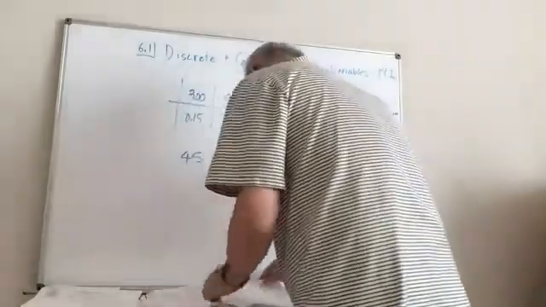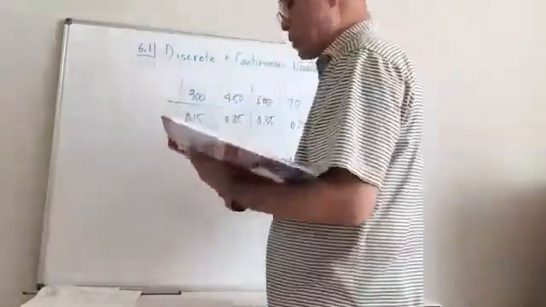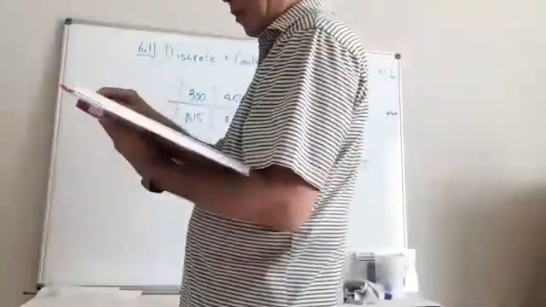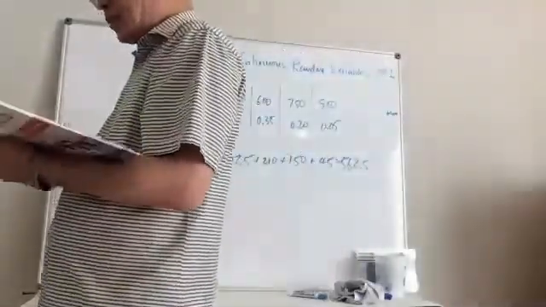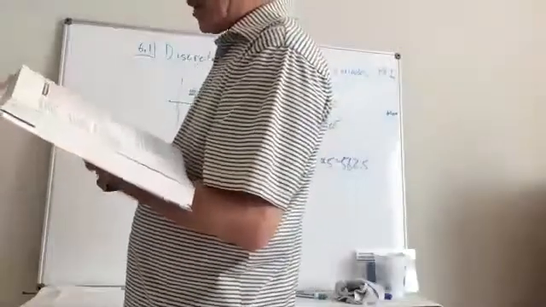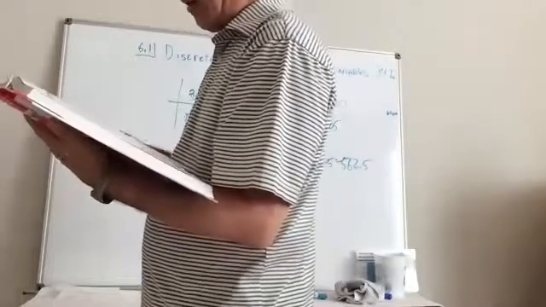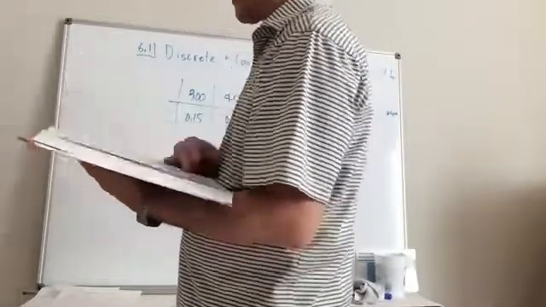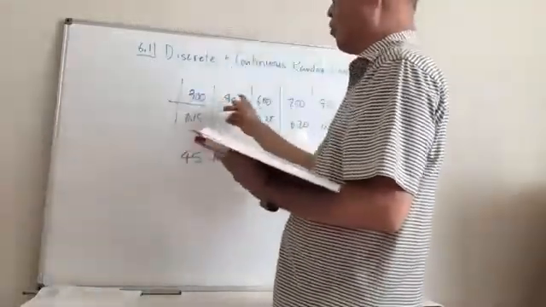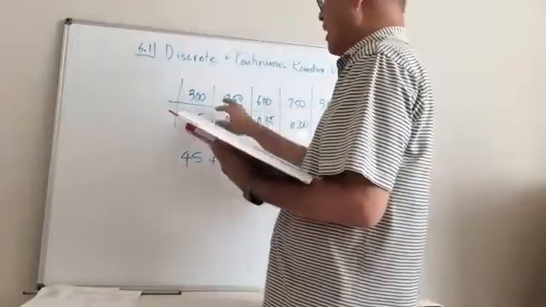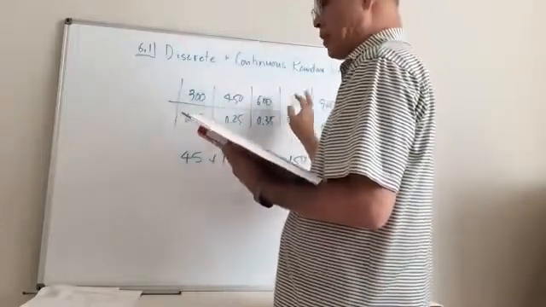Okay, so the continuous random variables. Let's go to page 371. On page 371, there's a green box that says continuous random variable. A continuous random variable can take any value in an interval on the number line, whereas a discrete one can take only specific values, and there are gaps in between them.